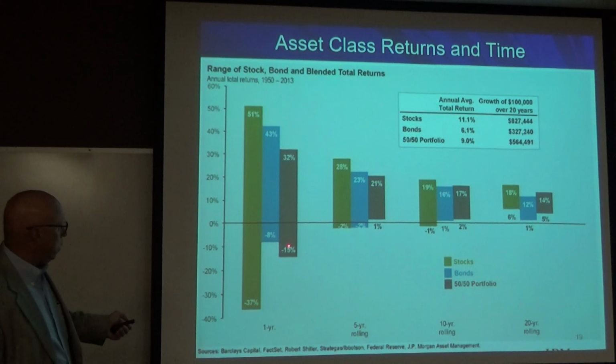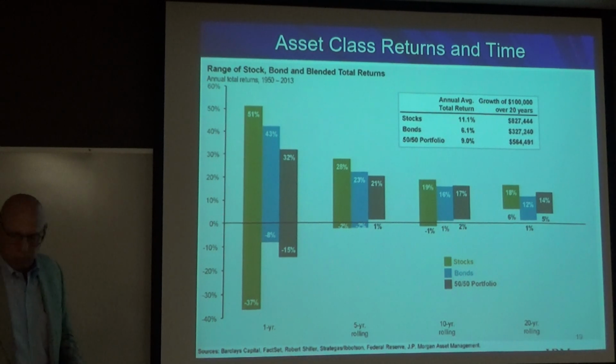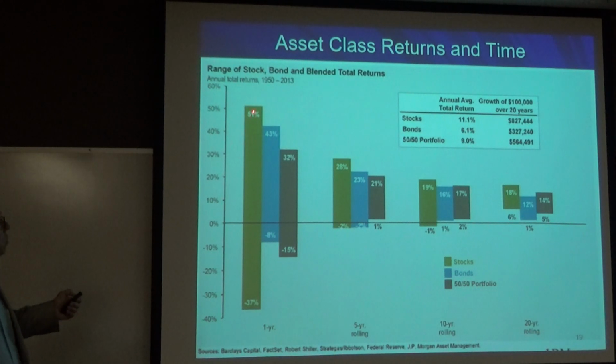This is for 1 year, 5 years, 10 years, and 20 years. Okay? So, the best return for stocks in 1 year, 51%. The worst return, a 37% loss. This shows you the possible range of returns, the volatility. Okay? This is for bonds, and this is 50-50.